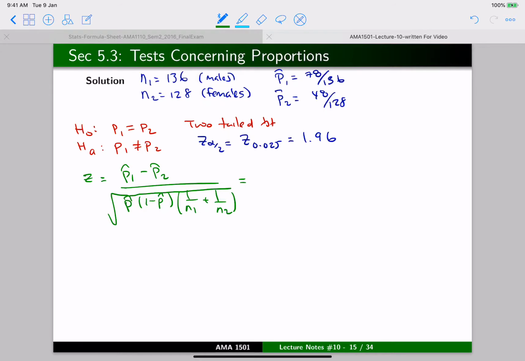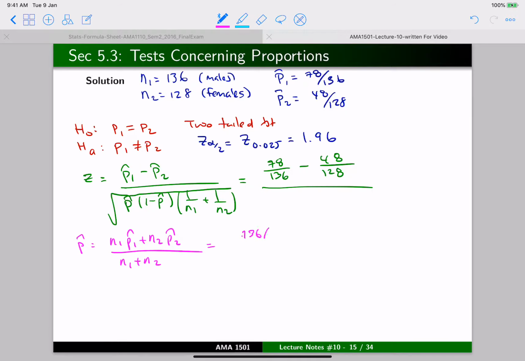So this will be 78 over 136 minus 48 over 128, divided by... let's figure out what p hat is. p hat is (n1 p1 hat plus n2 p2 hat) over (n1 plus n2), which is (136 times 78 over 136 plus 128 times 48 over 128) over (136 plus 128).